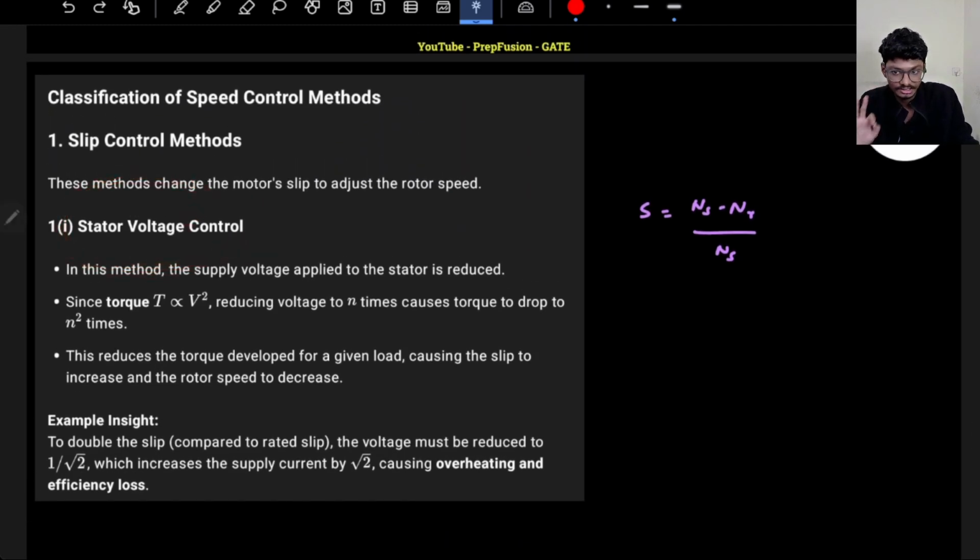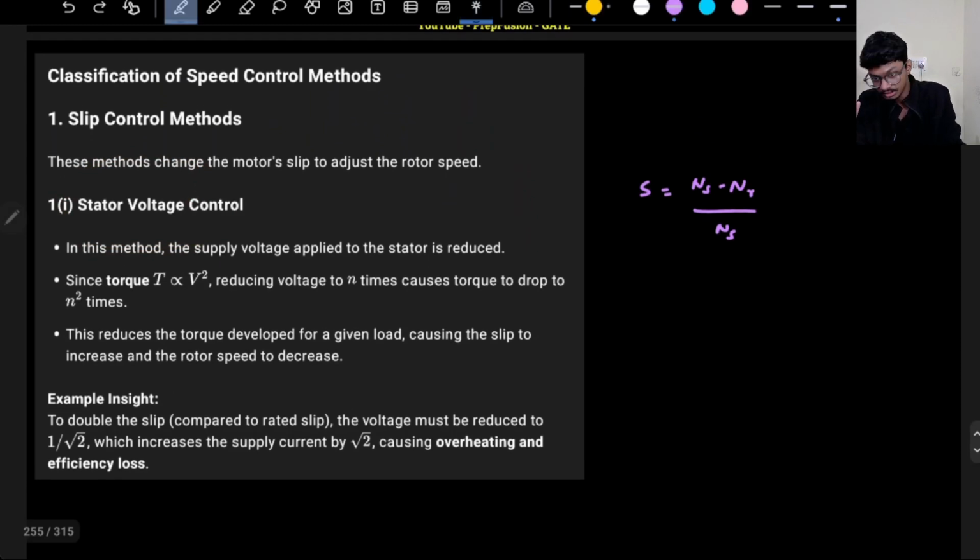Now I am just changing the voltage. What will happen? What is my torque value equal to? We have already discussed the torque value.